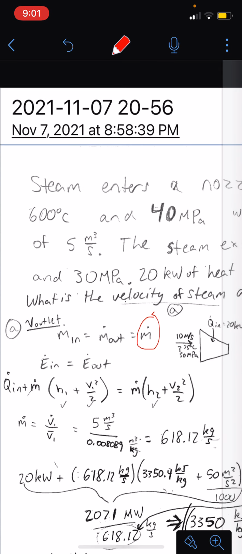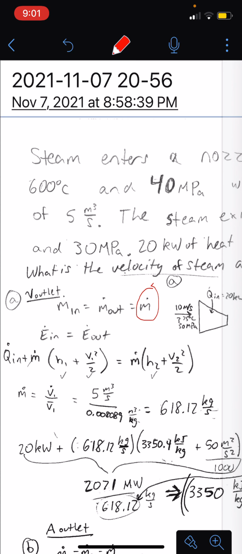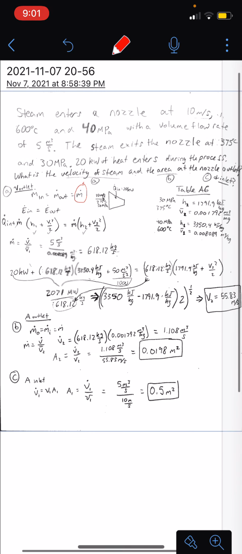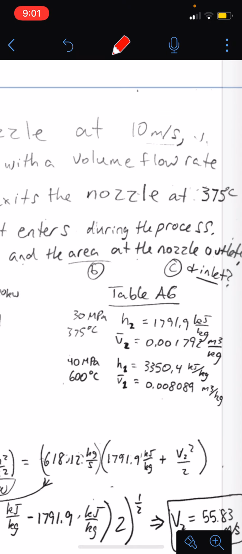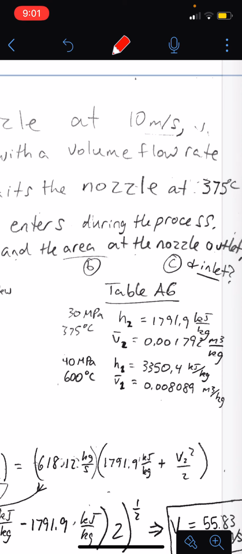So now checking off, we have from table A6 with the values that were given in the problem, and knowing that this is a superheated water vapor, the specific enthalpy at state 1 is right here.